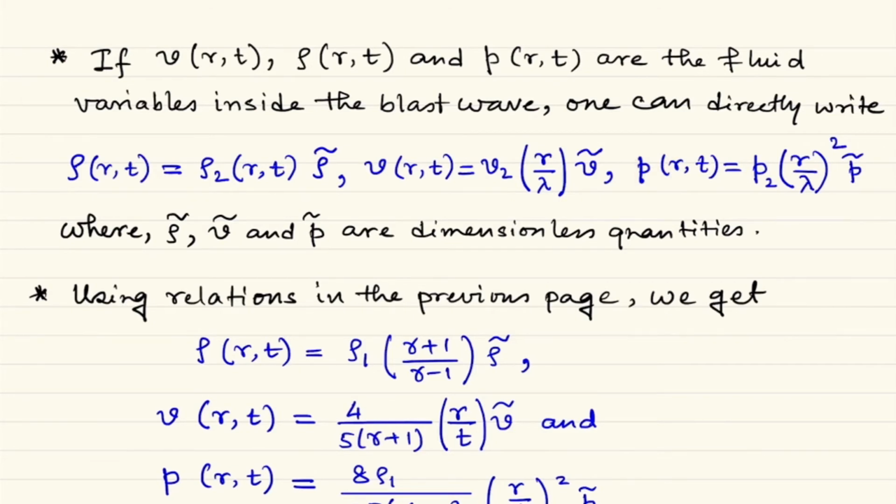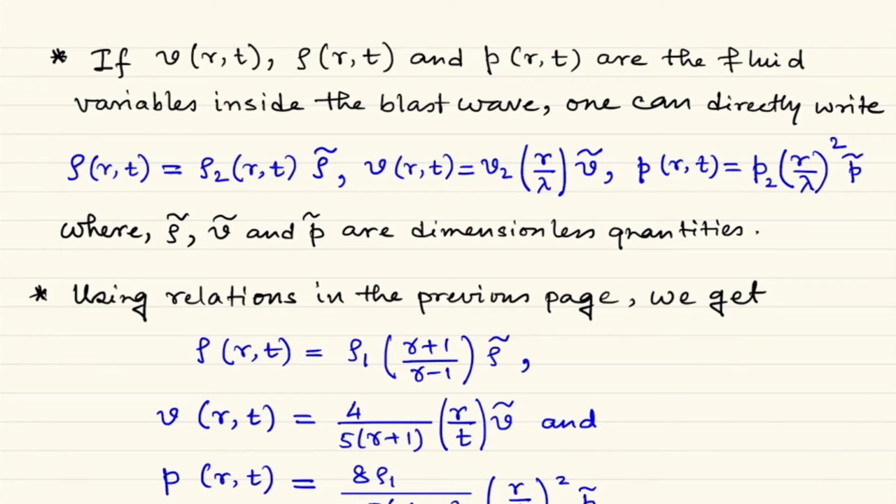Exactly, if the order of the moment is m, then there will be a multiplication of (r by lambda) to the power m. So for zeroth order there is nothing, one is multiplied. Here, for first order, r by lambda is multiplied, and here, for second order, (r by lambda) squared is multiplied. So this is a good trick to remember.